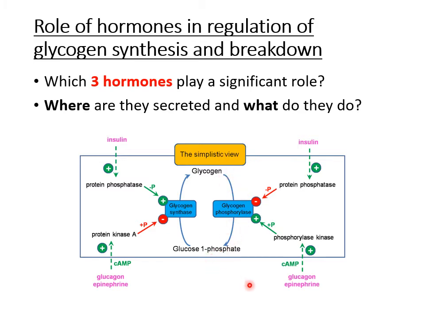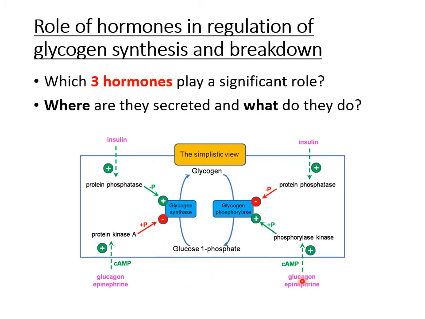So you'll notice that the glucagon and epinephrine act to oppose the insulin pathway. So glucagon and epinephrine now, when the blood sugar is low, will activate the breakdown of glycogen, right? The breakdown of glycogen to get an increase in the blood sugar, okay?